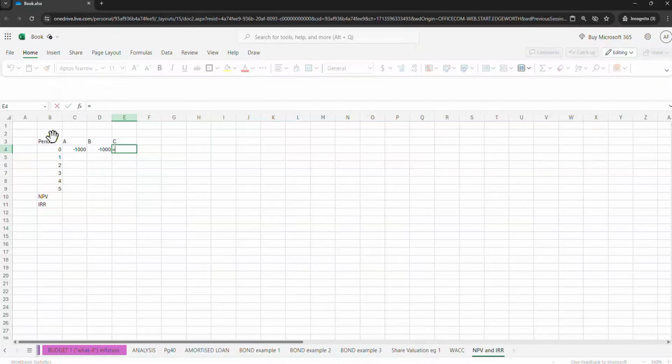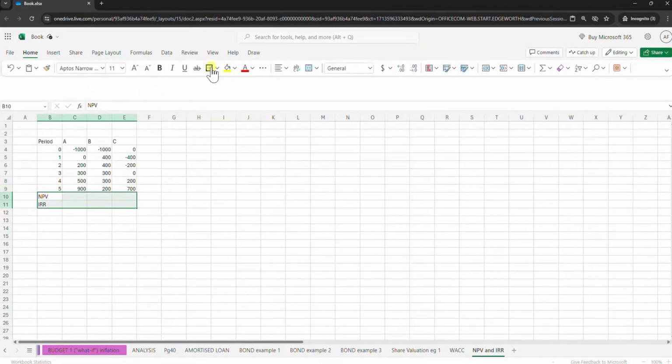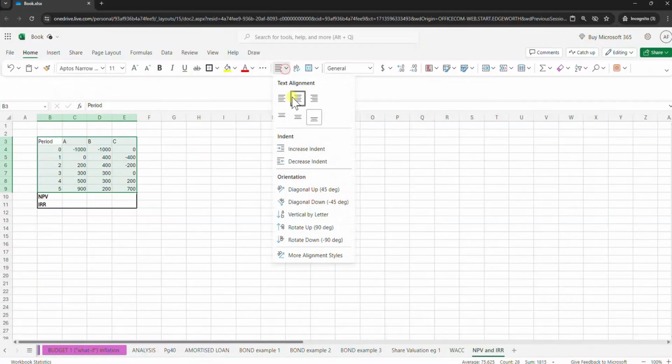Oh, this is minus, so this minus this. All right, 0, 200, 300, 500, 900. Okay, is that it? Yeah. Okay, so now we need to work out these values here at the bottom, based on the data that we have here.